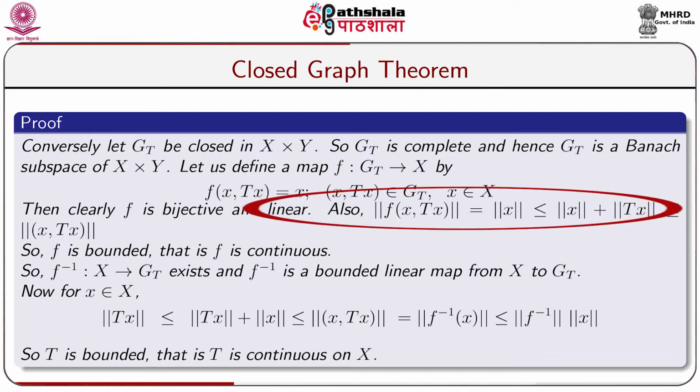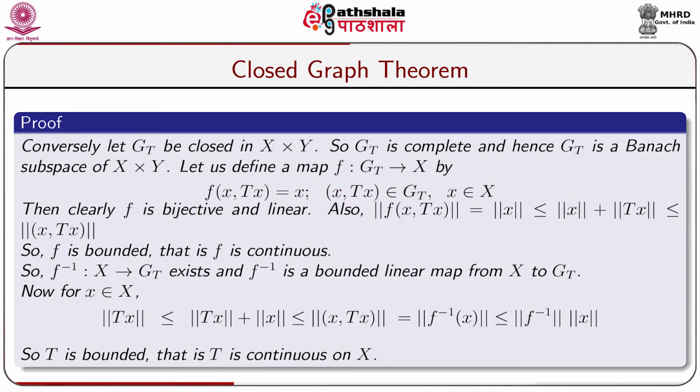Also norm of F of the pair (x, Tx) is equal to norm of x by the definition of small f, which is less or equal to norm x plus norm Tx, because norm of Tx is always greater or equal to 0. So norm of x plus norm of Tx is less or equal to norm of the pair (x, Tx).